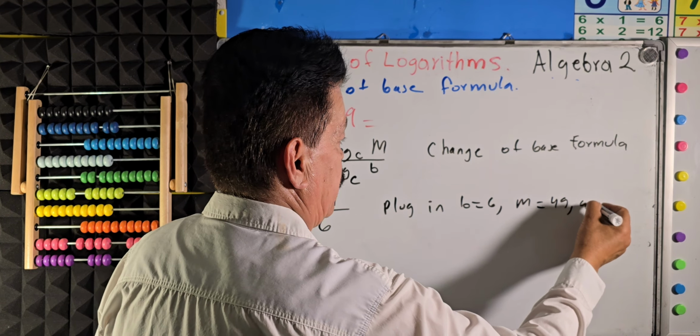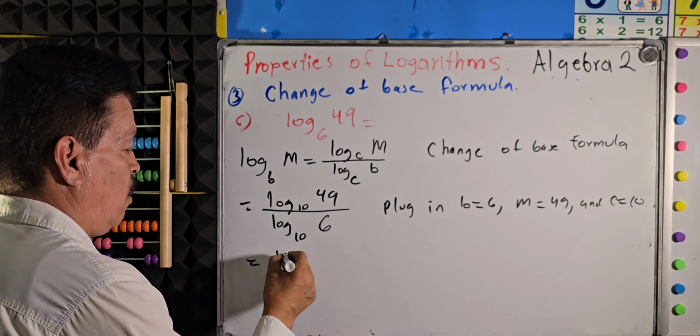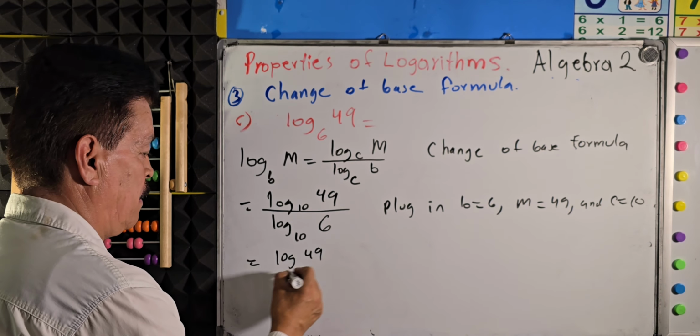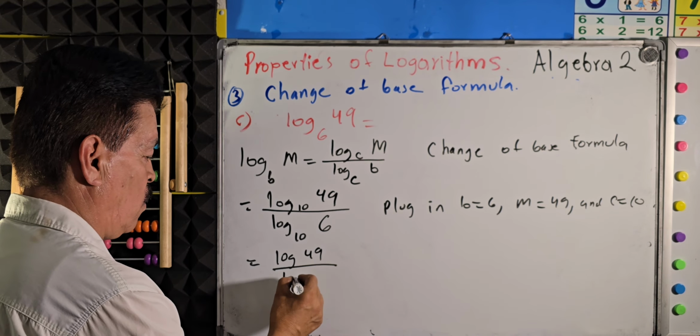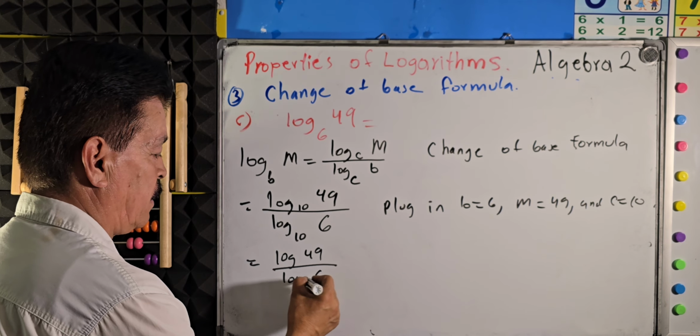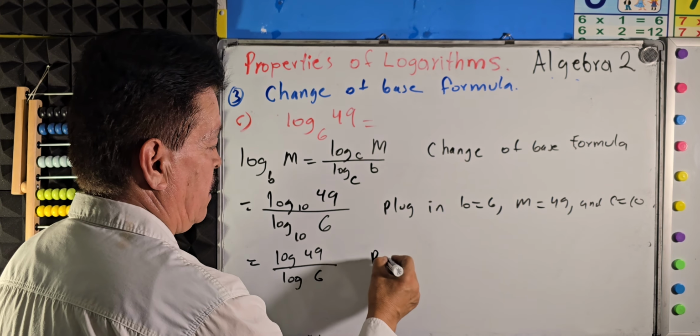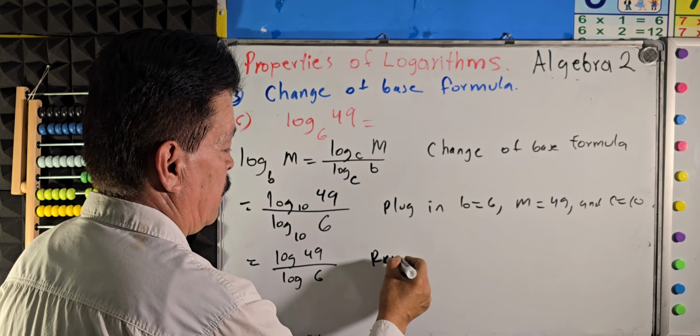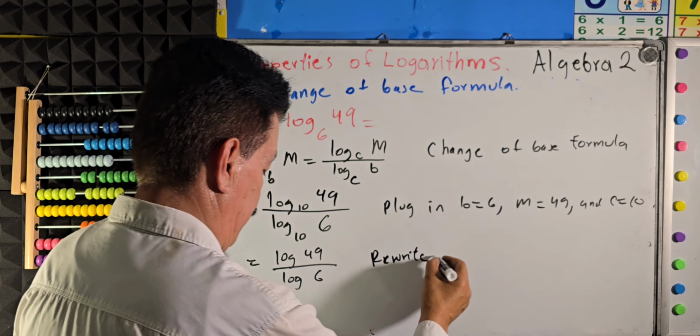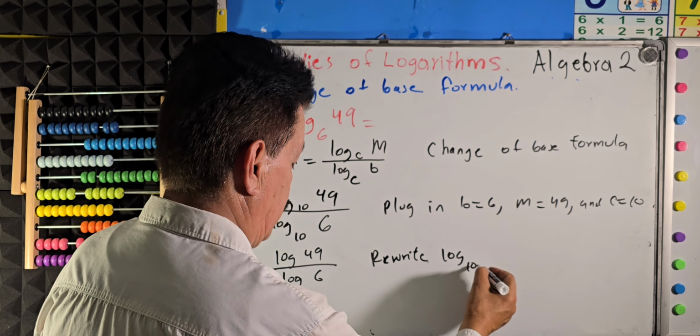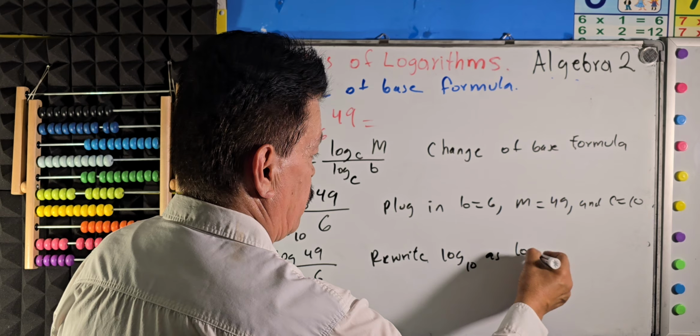All right, continue: log 49 divided by log of 6. This is a rewrite of log with the base 10 as a plain log.